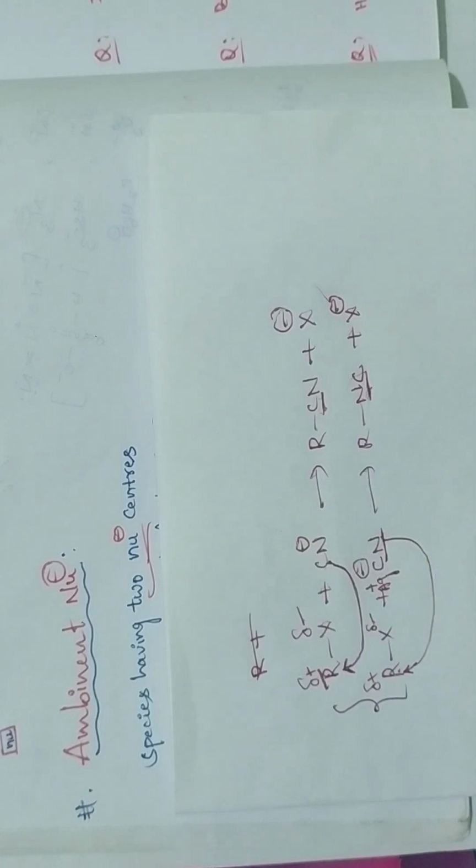From this example, we understand that either carbon can donate the electrons or nitrogen can donate the electrons, but both cannot donate at a time. So they are called ambident nucleophiles. They have two donor sites, but only one is capable of donating the electrons. Next, NO2 minus and SCN minus.